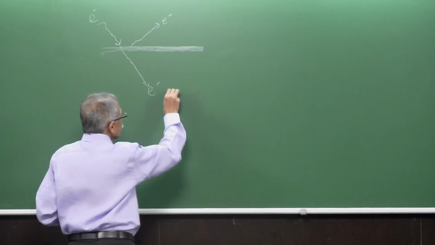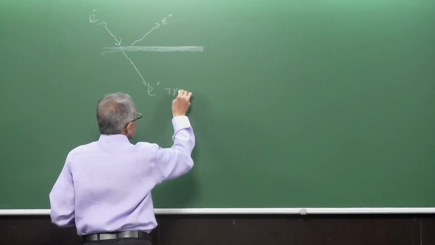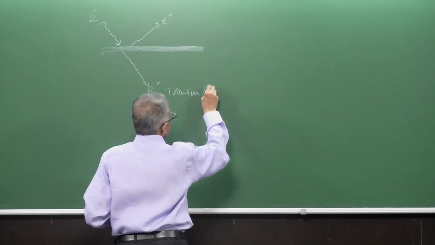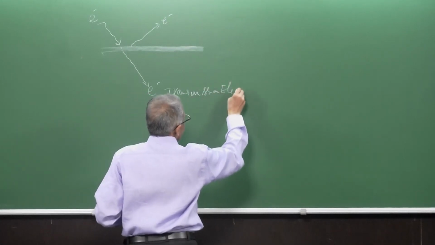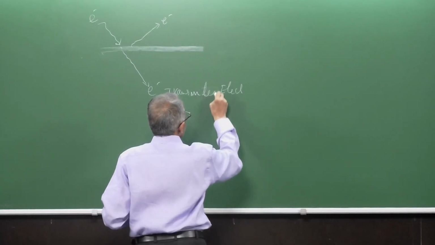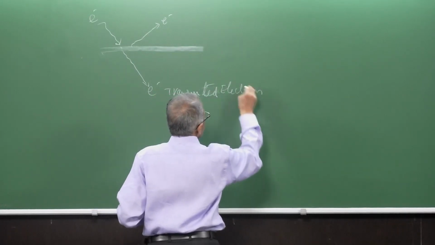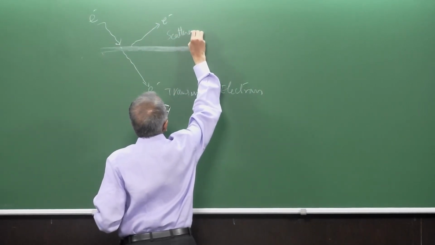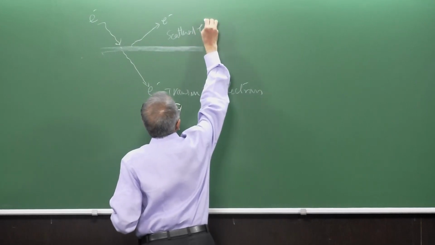So these are the transmitted electrons, and these are the scattered electrons.